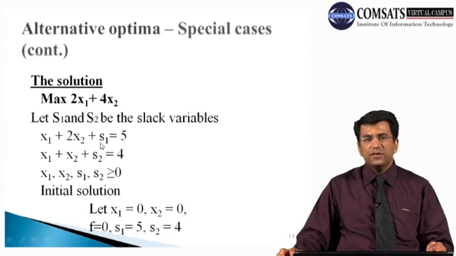So what we have done in this particular case, we have introduced the two slack variables, that is s1 and s2, for the first and the second constraint respectively, and now we have four non-negative variables, that is x1, x2, s1 and s2. Again, as an initial solution, we will put the value of x1 is equal to 0, x2 is equal to 0 in order to find the value of our objective function, which is 0. Then s1 is equal to 5, s2 is equal to 4.